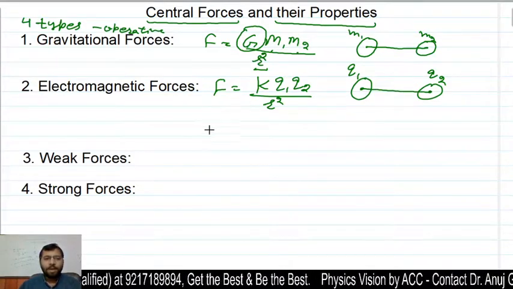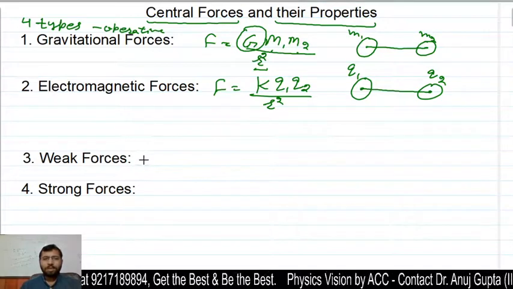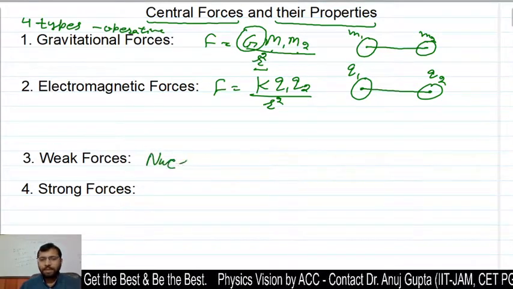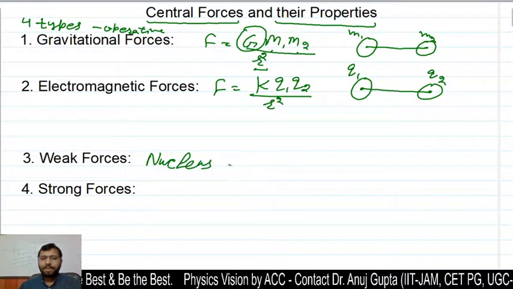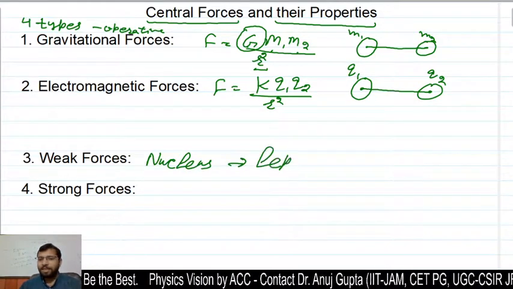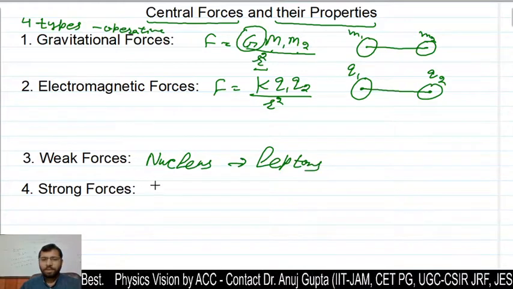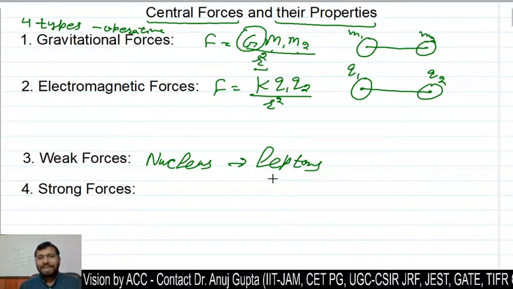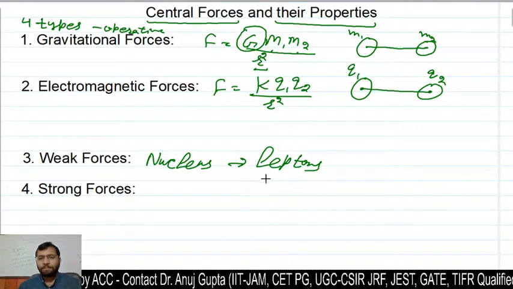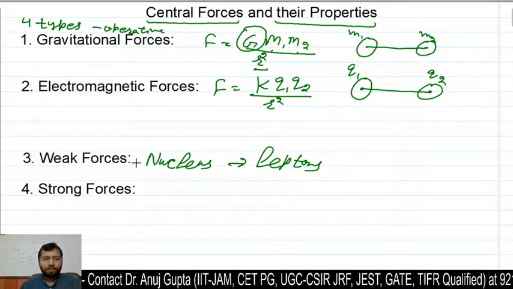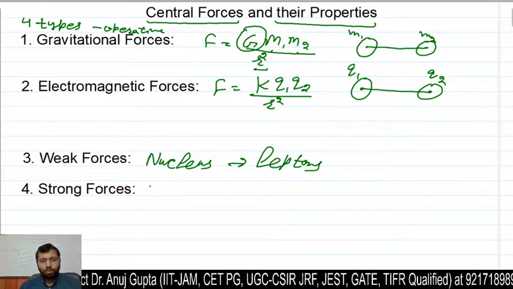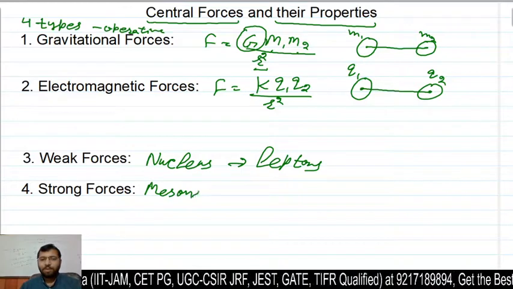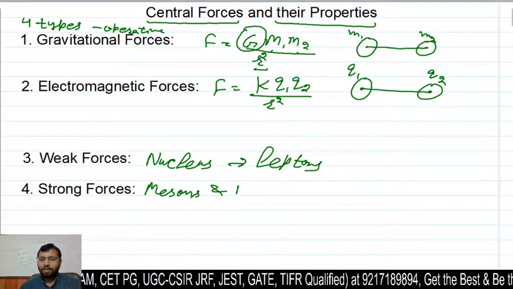Then there are other forces, the weak forces, these are working inside the nucleus, and these are basically interaction of leptons, light weight particles like electrons. And strong forces are also the nuclear forces which act between the mesons and baryons.